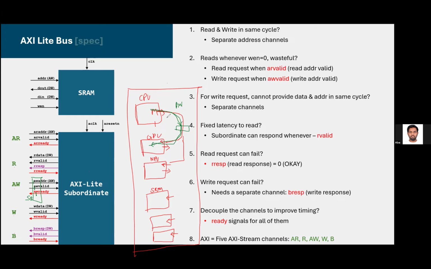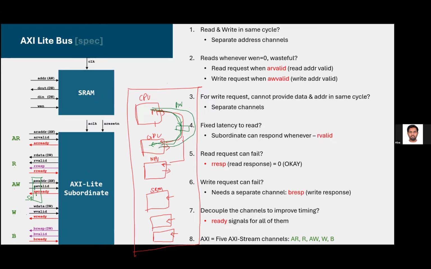Now, you don't have to put a buffer in the write data channel. The write data channel might go like this and might not have a problem. If it doesn't have a problem, you don't have to put a buffer. So let me draw it without the buffer like this.